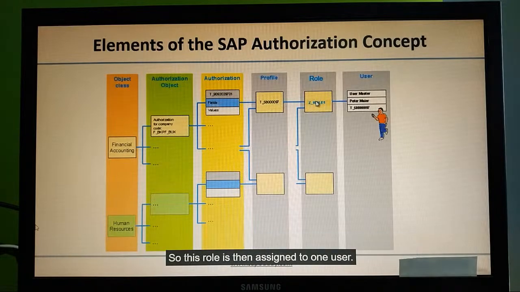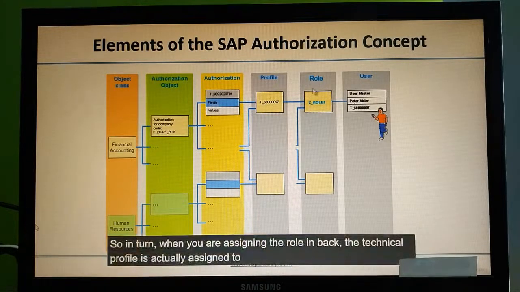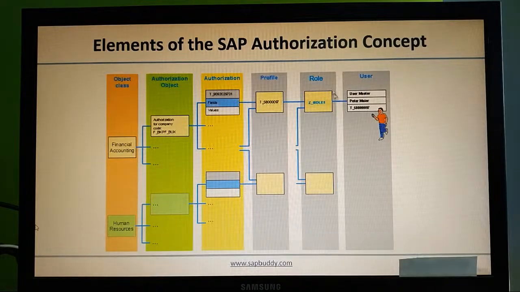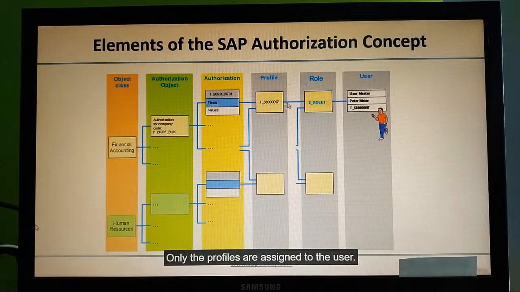This role is then assigned to the user. In turn, when you are assigning the role, in the backend the technical profile is actually assigned to the user. If you see an older system, older than 3.x, only the profiles are assigned to the user.